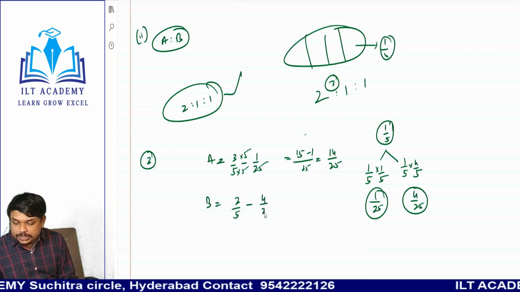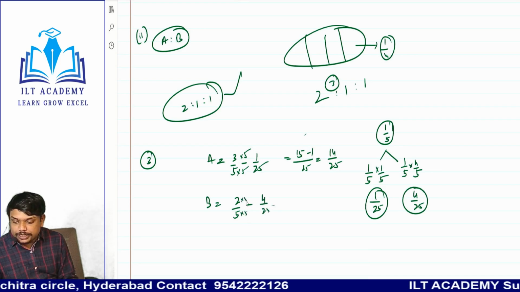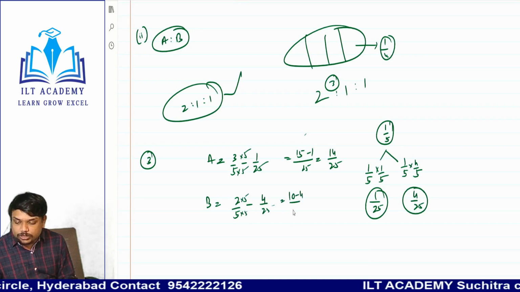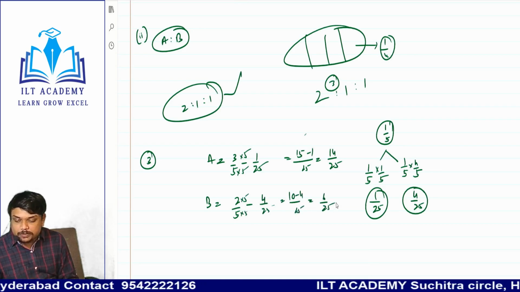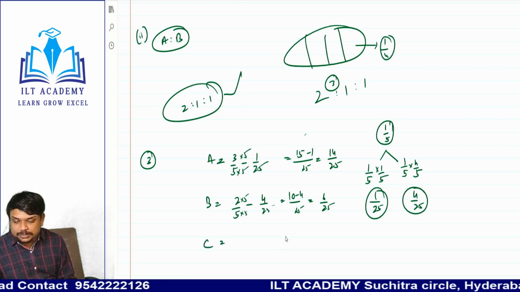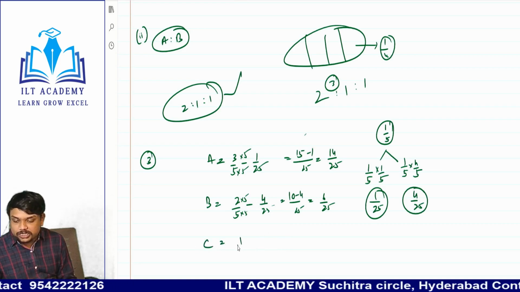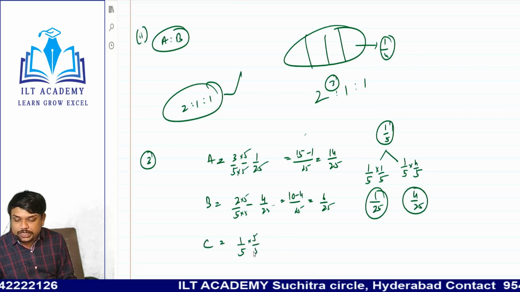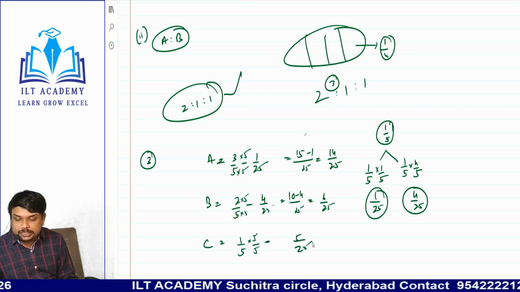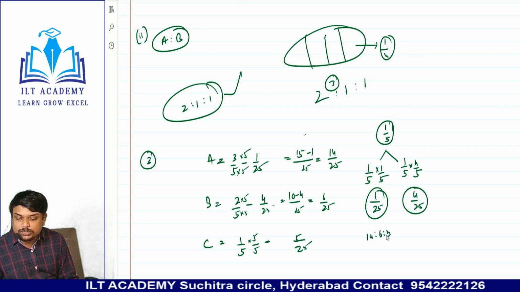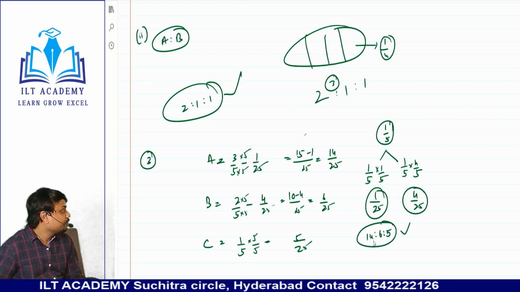Now what is B's? 2/5 minus 4/25, into 5 into 5, 10 minus 4 divided by 25, which is 6/25. And how much is C's? C got 1/5, so into 5 into 5, which is 5/25. So the ratio is 14:6:5. Got it?